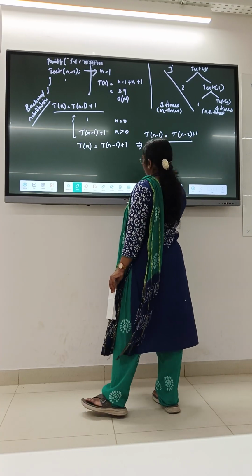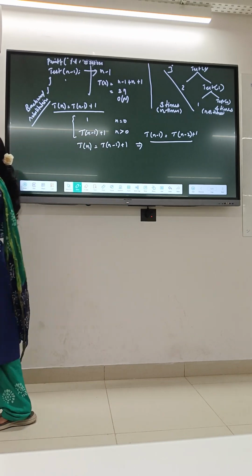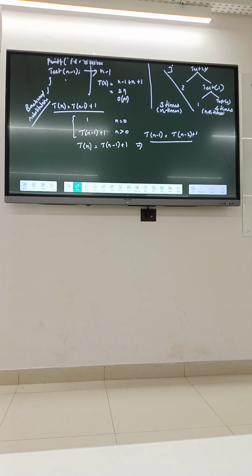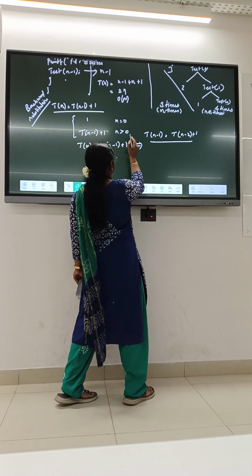How many of you have done this? Now I am substituting, you have to listen carefully. Now I am substituting n minus 1 for n. If I substitute n minus 1 for n, what will be the value? T of n minus 2 plus 1, plus 1, and then we have one more plus 1, right?